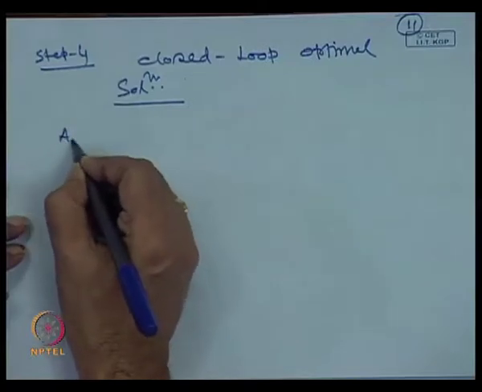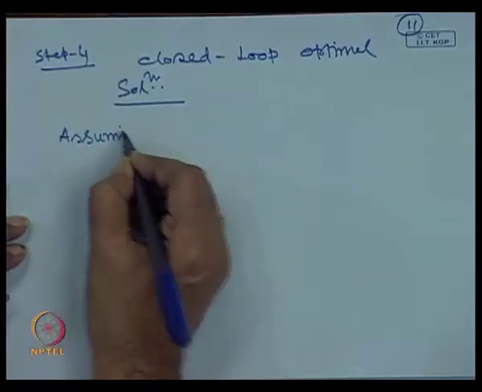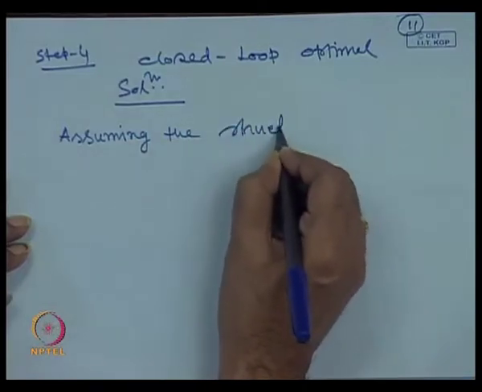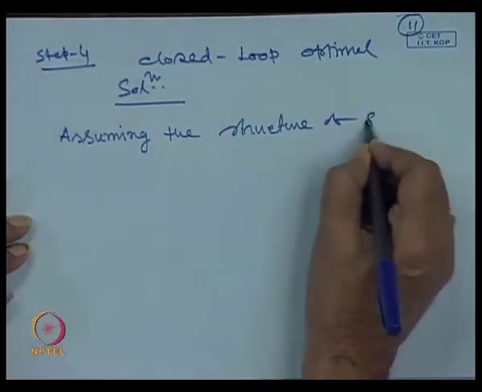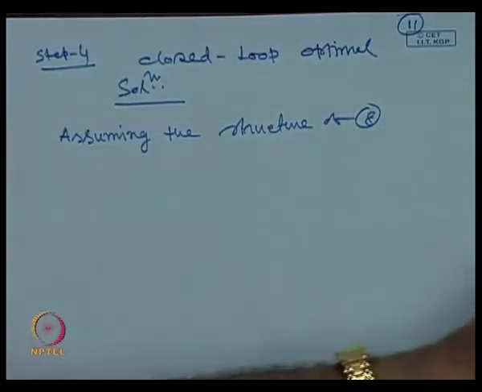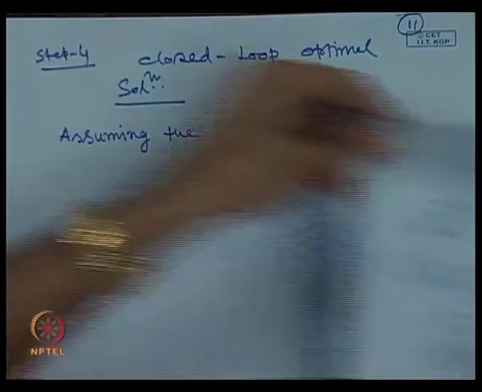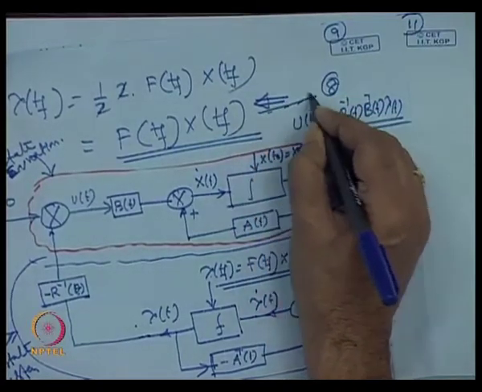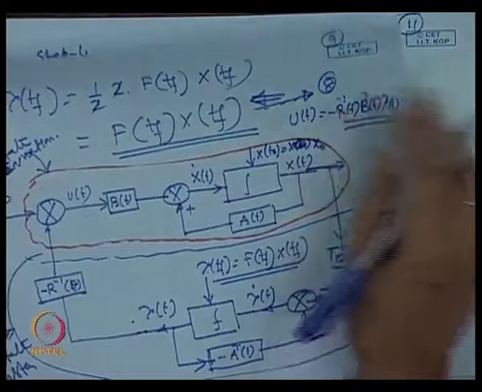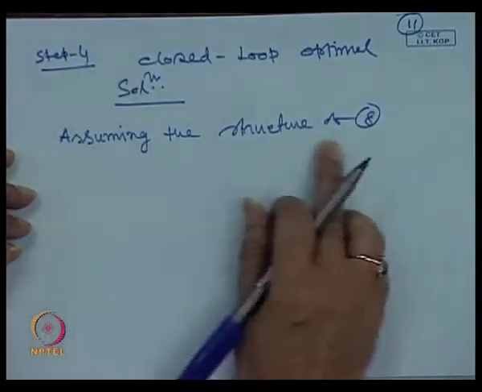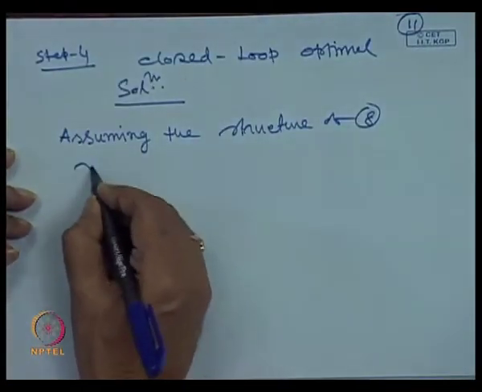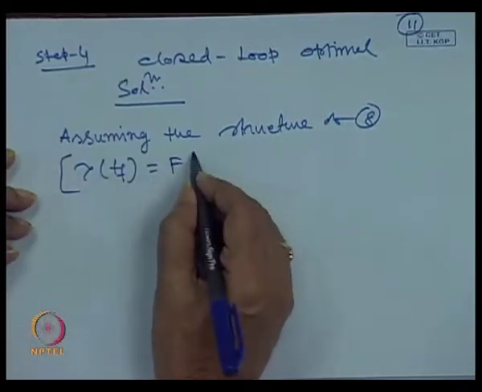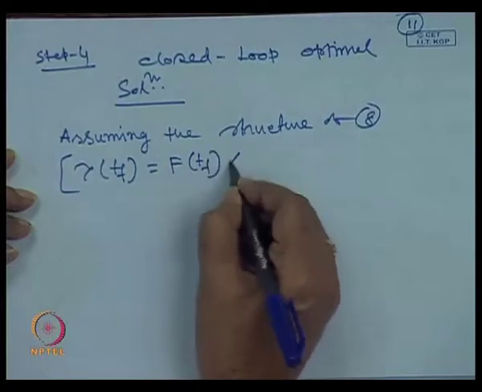So, assuming the structure of equation number 8, agree, this is equation number 8, lambda(t_f) is equal to F(t_f) into x(t_f).